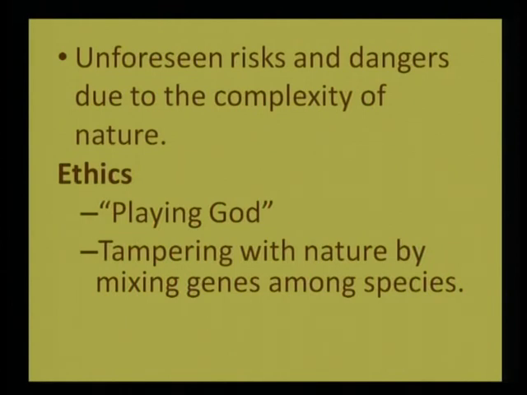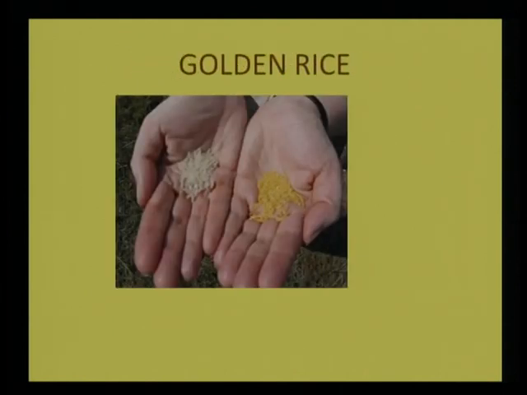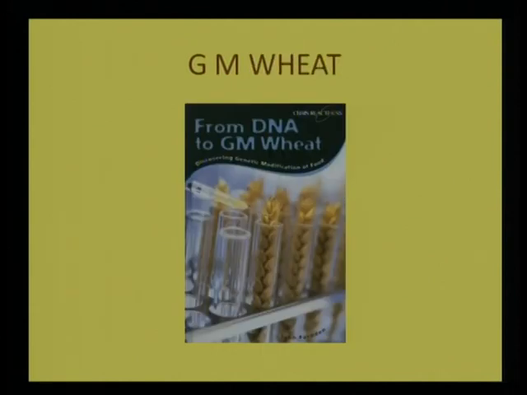Now we can see some of the products, very interesting, as we have discussed. These are blue strawberries among the red strawberries, or golden rice, which has a very high content of vitamin A compared to natural rice, or a flavor-sour tomato, which is more resistant and has an increased shelf life.